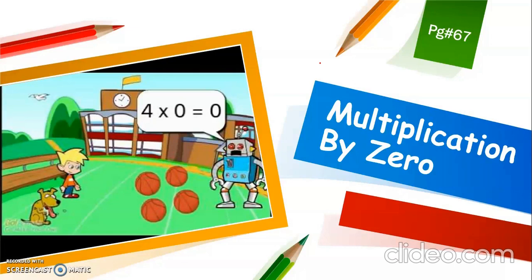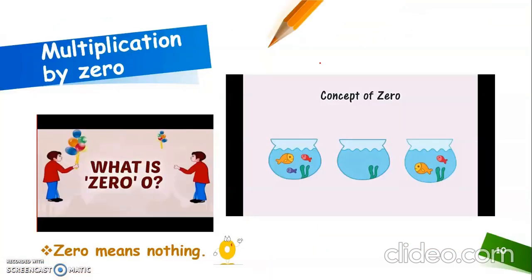Multiplication by 0. What is 0? 0 means nothing. Let's take an example to learn the concept of zero. We have 1, 2, 3 fish pots, and there are 3 fish in first pot and 2 fish in third pot, but there is no fish in second pot.